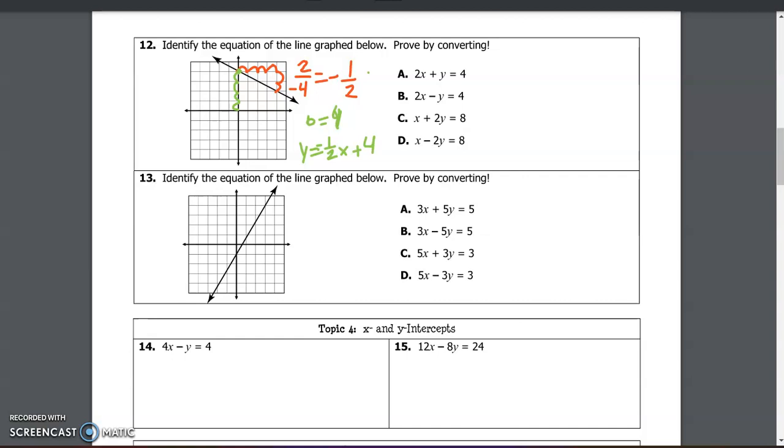Well, on this first one up here, A, if I do 2 over 1, change the sign, that's going to be negative 2x plus 4. So that's not it. Not that one. Okay, then here, same thing. We've got 2 over negative 1, which makes this actually end up equaling positive 2. All right, so 2x plus 4.